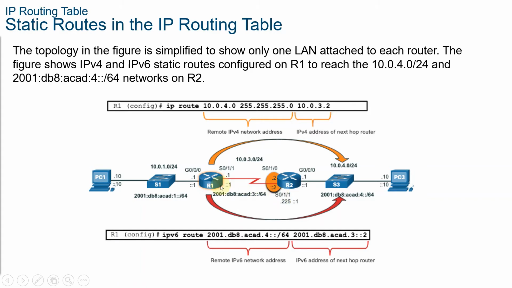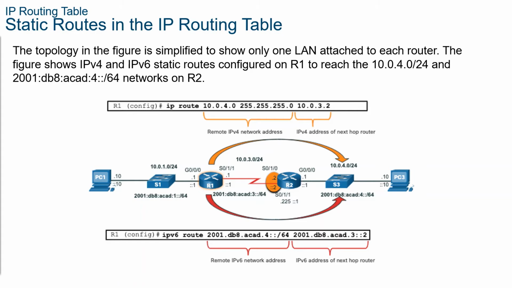The output shows the IPv4 and IPv6 static routing entries on R1 that can reach the 10.0.40.0/24 and 2001:DB8:ACAD:4::/64 networks on R2. Notice that both routing entries use the status code S when we run the show ip route command, indicating that the route was learned by static route.